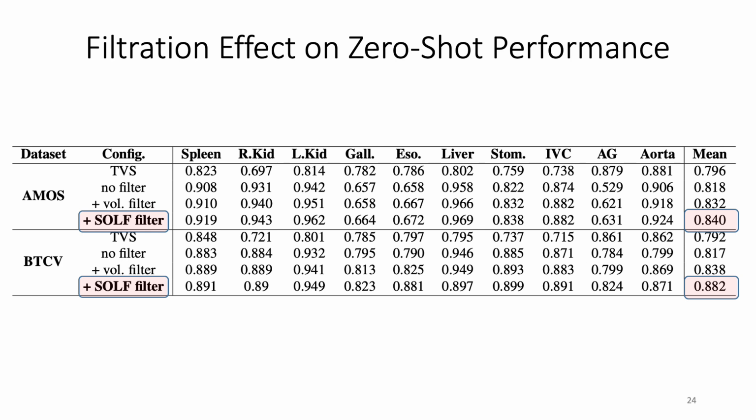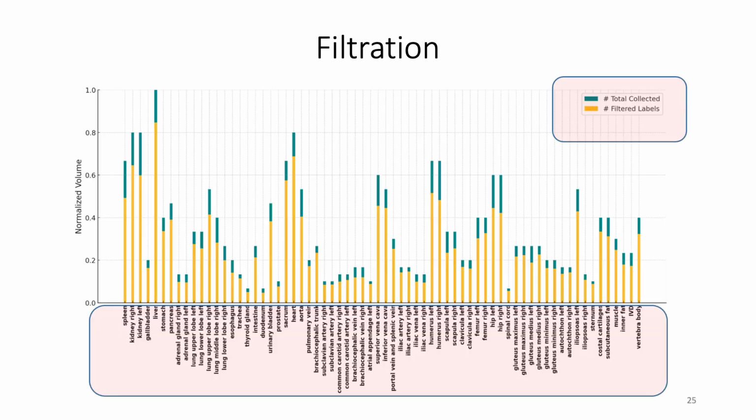Here we show the zero shot performance, that means training a model on the UKBOB labels and then testing directly on the AMOS and BTCV datasets. We can see the effect of the filtration on the downstream zero shot generalization. Here we show the distributions of the labels before and after filtration.